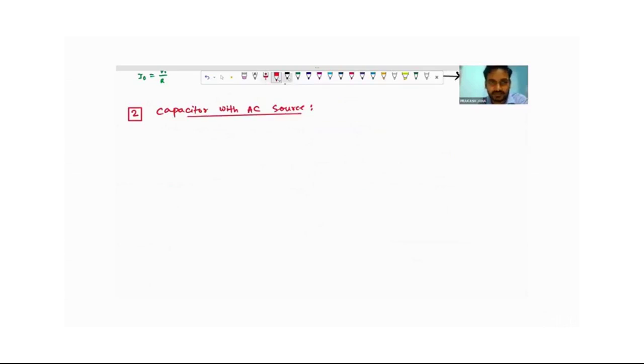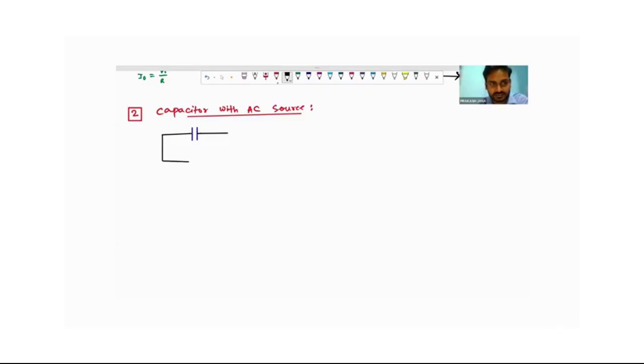Let me show how the circuit diagram will look. This is the current element. Suppose this is the capacitor, and an AC source will be connected with this.